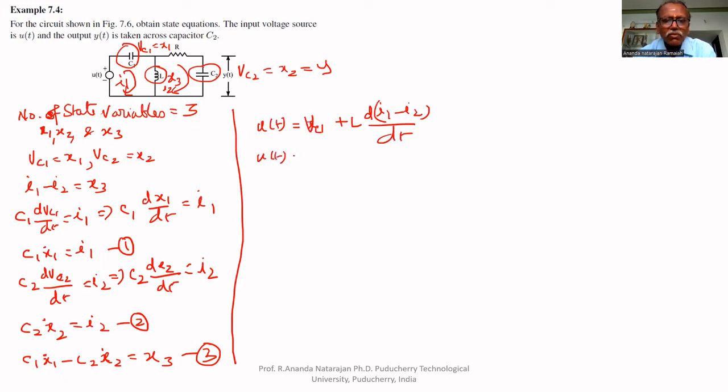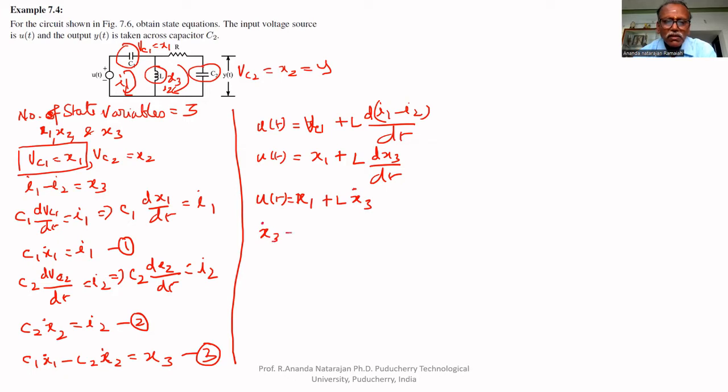But VC1 equal to x1, we assumed. Therefore, this can be replaced by x1 plus L dx3 by dt. That is u(t) equal to x1 plus L x3 dot.